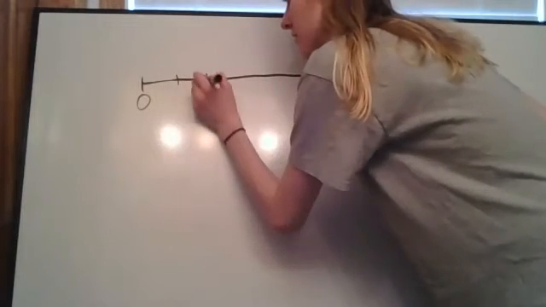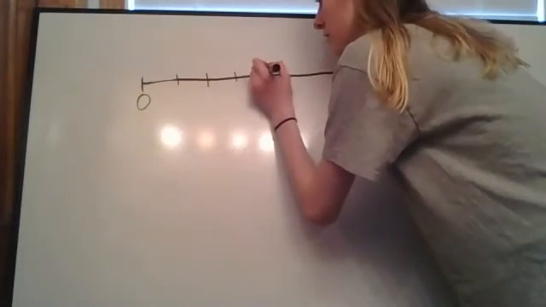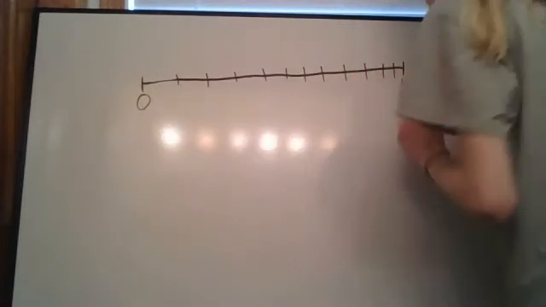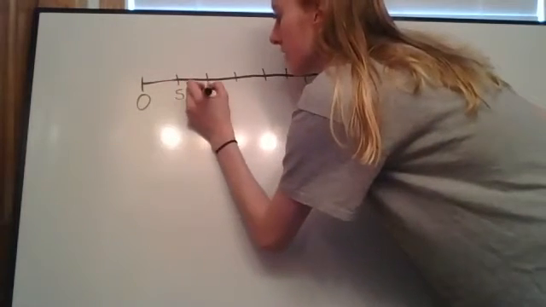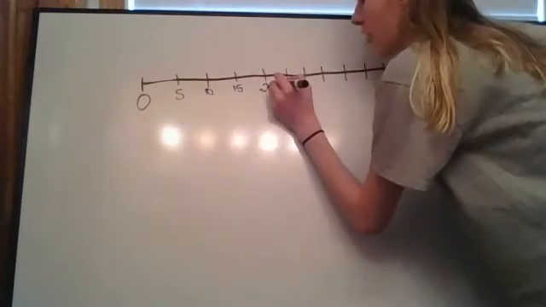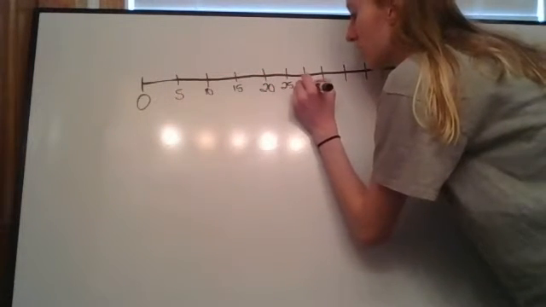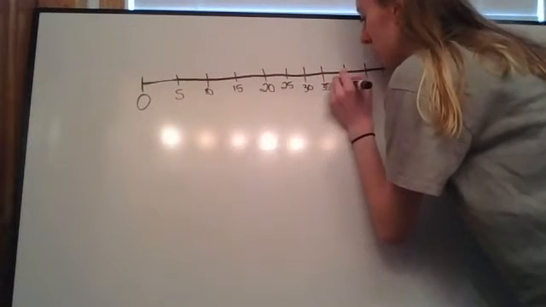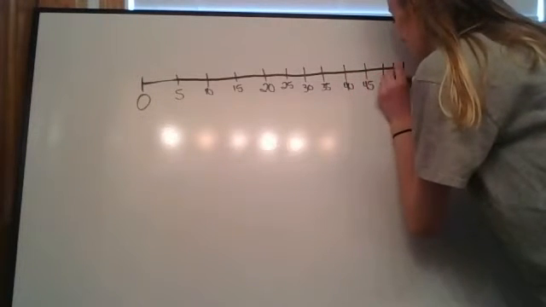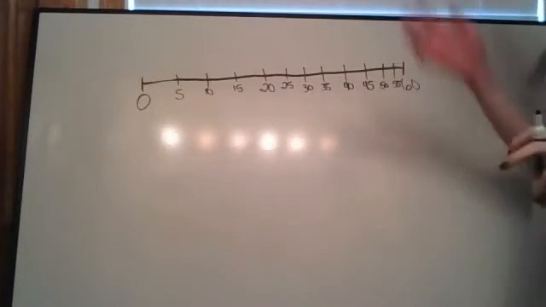Let's mark our 5. 5, 10, 15, 20. And you should be drawing this on your paper as well. And if I'm going too fast, you can always pause it.